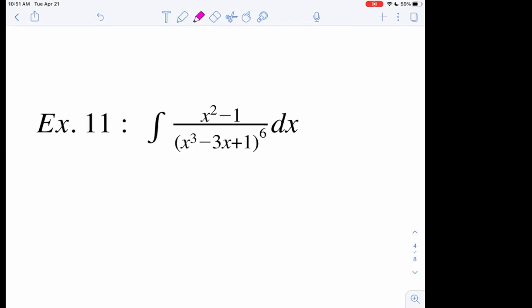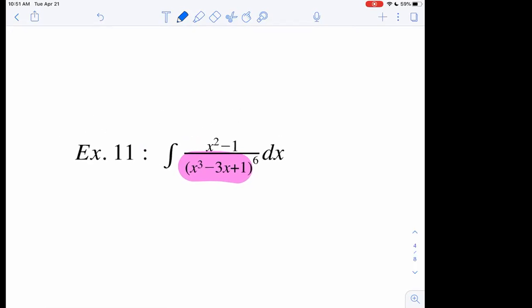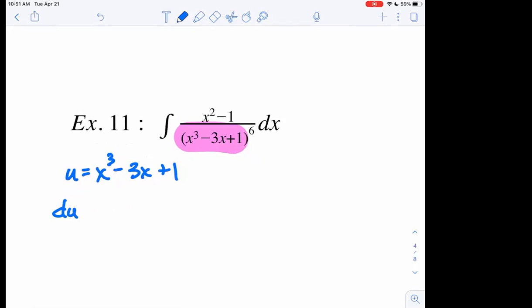The one in the parentheses. Yeah, the one in the parentheses, all right? So we don't want to include the 6th power as our u, okay? It's better if our u is more simple. So in this case, our u is going to be x cubed minus 3x plus 1. That makes our du 3x squared minus 3 dx.